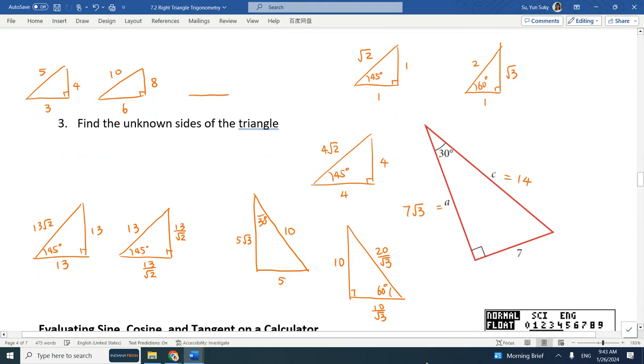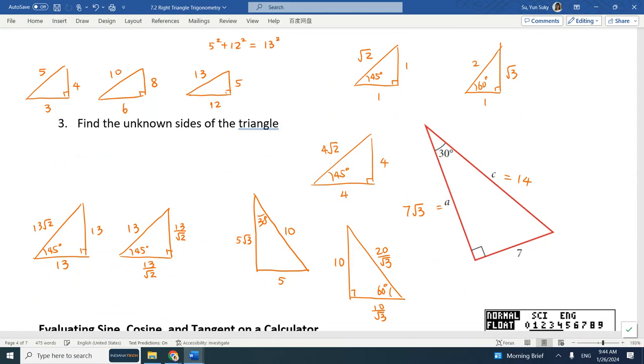Another one I can think of is, let me see, is it 5, 12, 17? Oh, 5, 12, 13. Okay. This one we might need your calculator. Use your calculator. What is 5 squared plus 12 squared? 169.